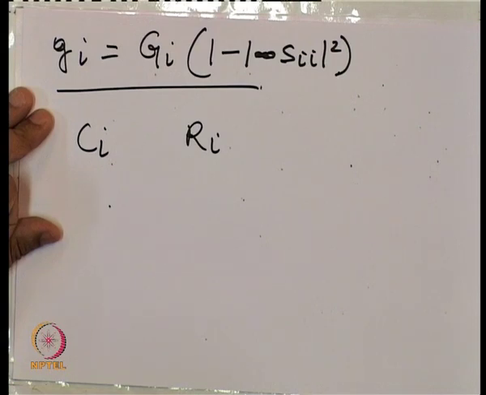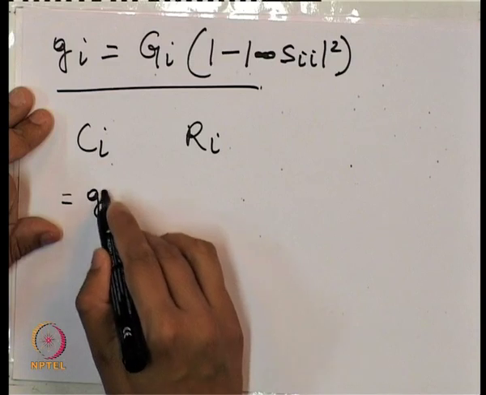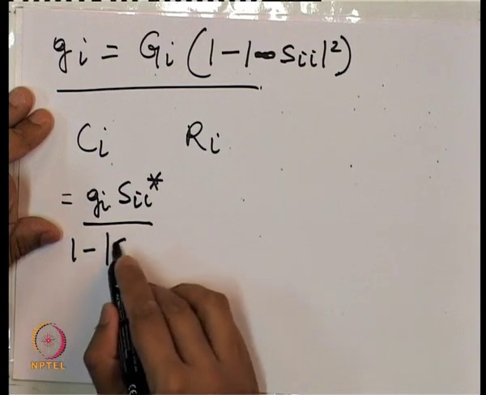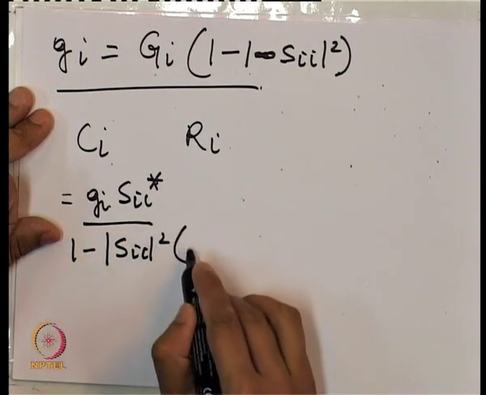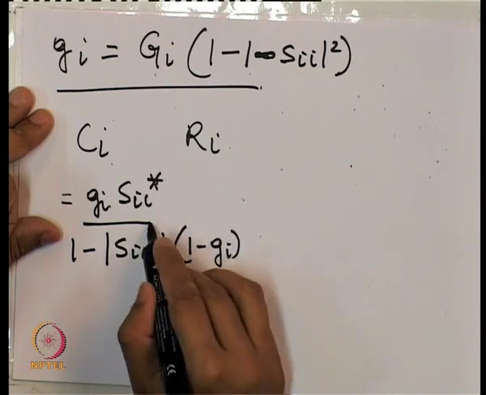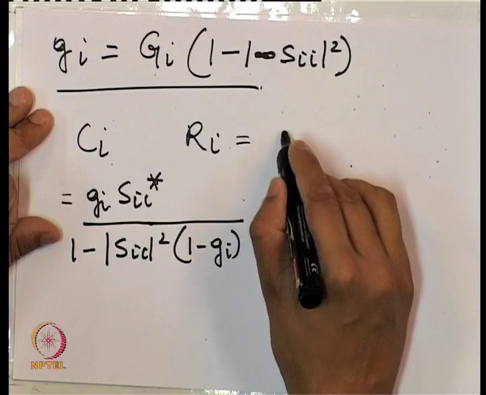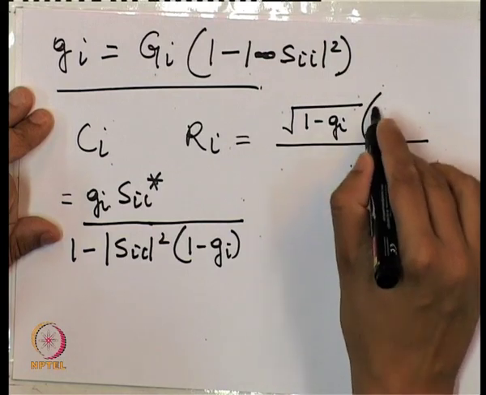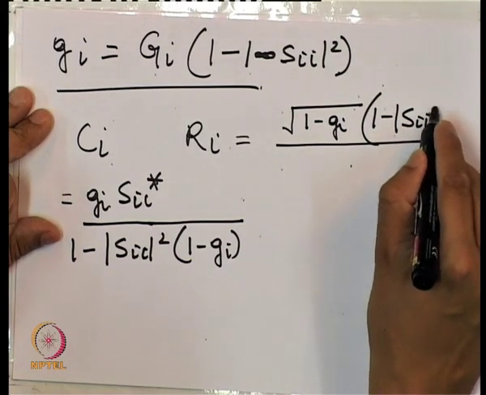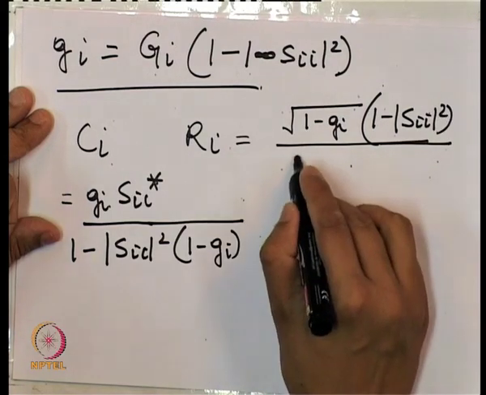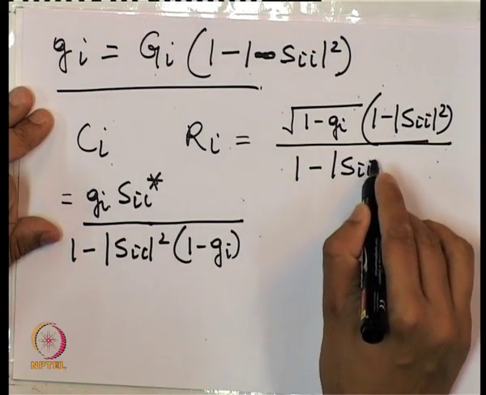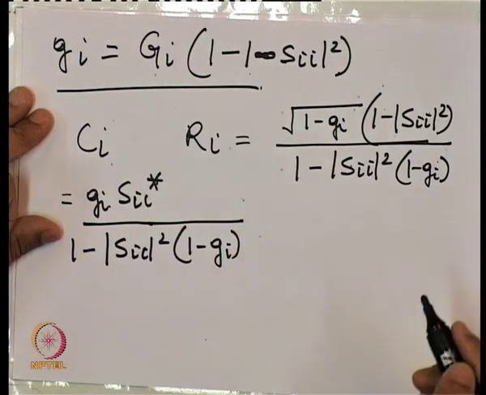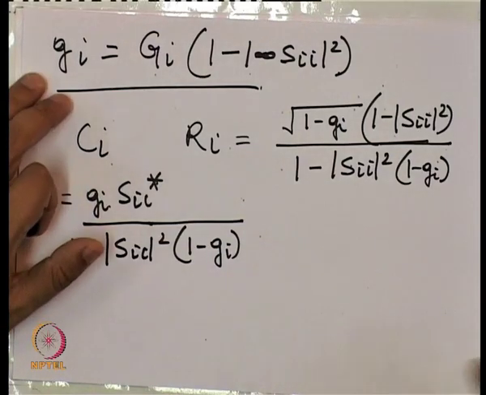That is, Ci is equal to gi times Sii conjugate upon 1 minus Sii squared, and Ri is equal to, that is, these definitions remain the same.